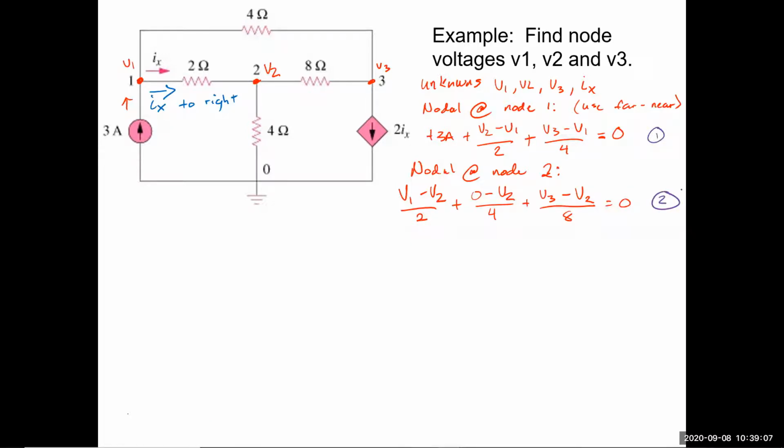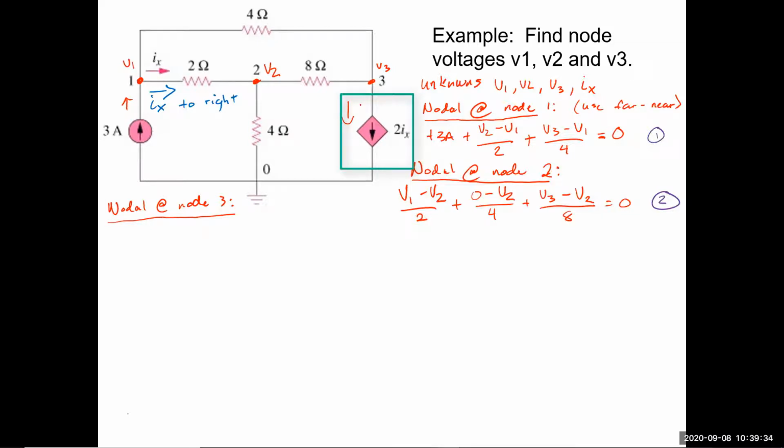We're going to need to do one at node 3, so let's do nodal at node 3. I'm going to put some underlines here to help keep track of the text. 2Ix, the current source, is actually leaving node 3.